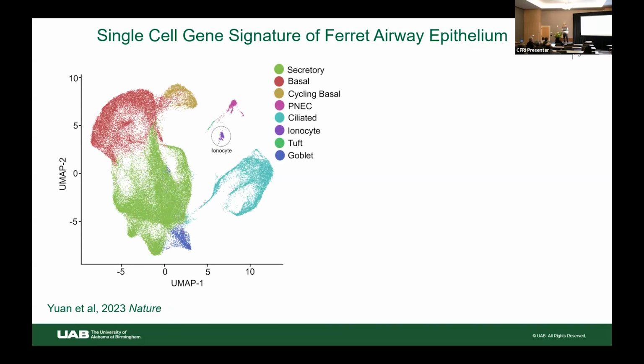We also found the rare epithelial cell types, such as tuft cells, neuroendocrine cells, and pulmonary ionocytes. This is a data set which allows us to investigate gene expression across all the ferret airway epithelial cell types.